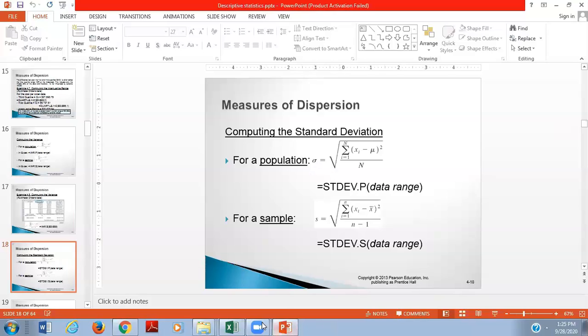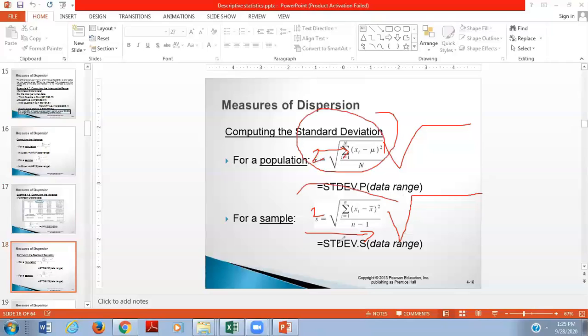The only difference is that this square now goes to this side and becomes a square root as per our mathematical formula. Otherwise this one and this one are the same as we calculated in variance.